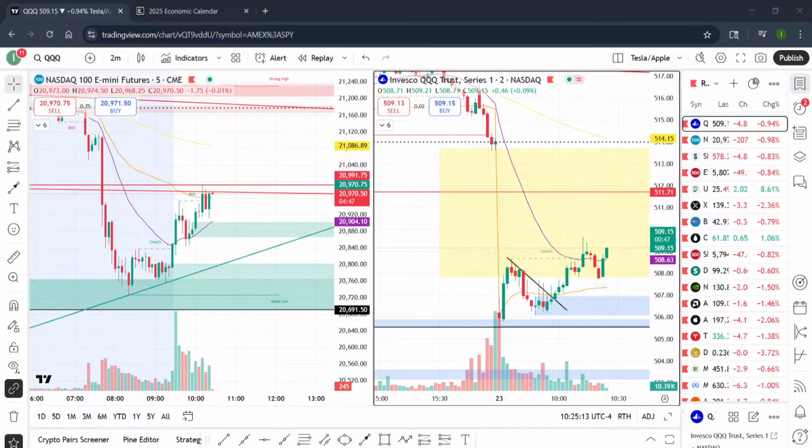Buyers are in still. As long as this continues making higher highs and higher lows, it's gonna keep going up.